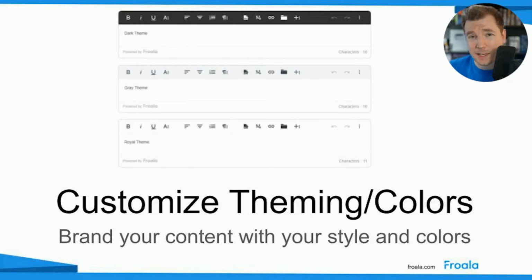Firstly, the theme. Anytime you're building any project, you're going to want to theme it in your company's colors. Now, normally you could do this yourself, and this could be also a little bit of a time-consuming task, especially if you're trying to create these functions out yourself. But with Froala, for example, for the WYSIWYG editor, you simply select what your theming is.